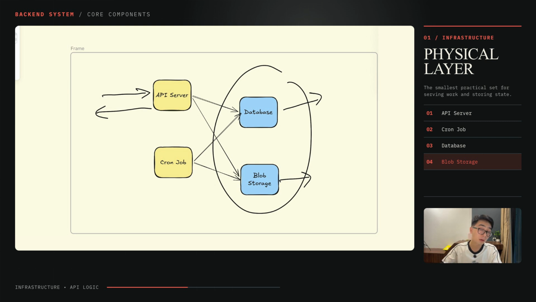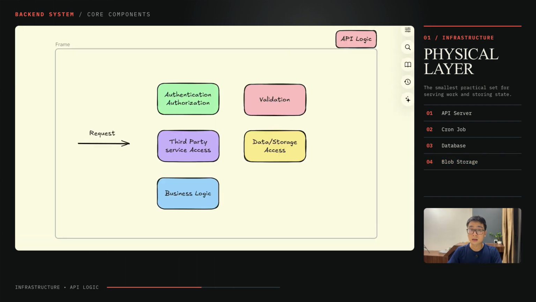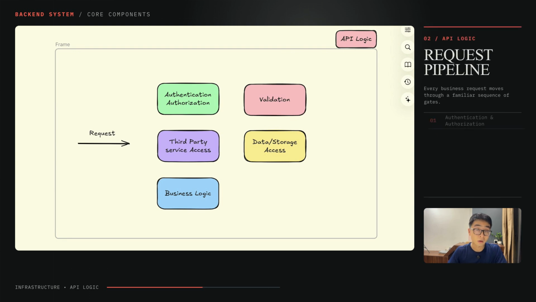In real life, you may see many other components, such as Redis, a load balancer, or a queue, but they actually solve quite different problems of the business, which are reliability, speed, and performance. But for functional requirements, the real things that the business needs, these four components are usually enough.